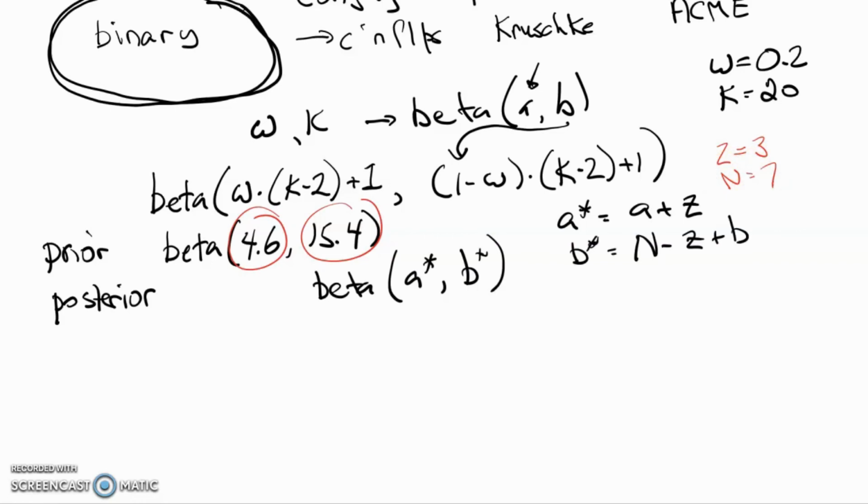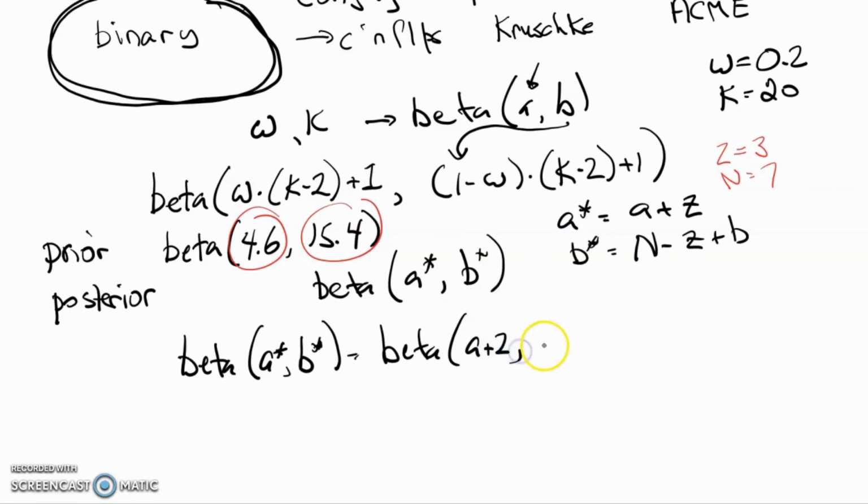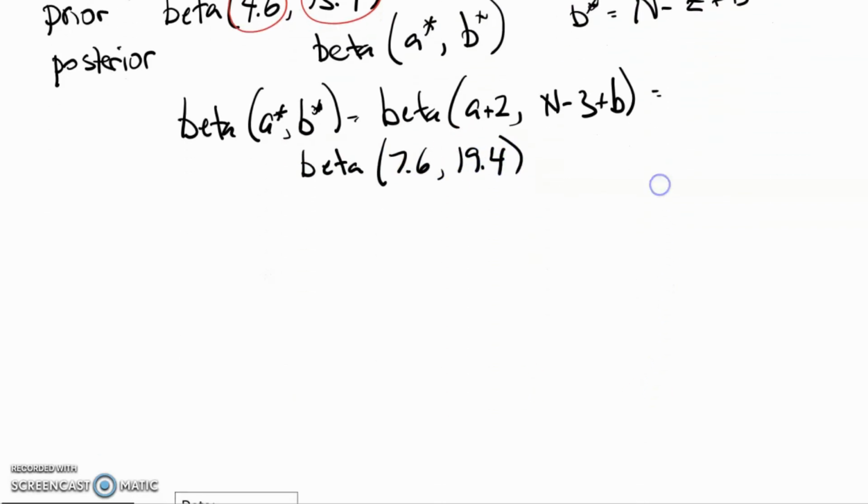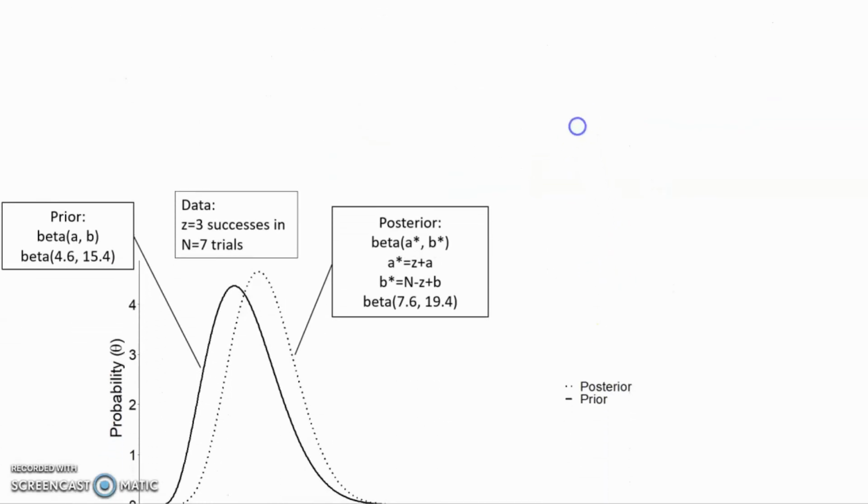So we can just put all that in. And what we can say is that our beta A star, B star, is equal to beta A plus Z, N minus Z plus B. And with all that information, we know that we've got a beta 7.6, 19.4.